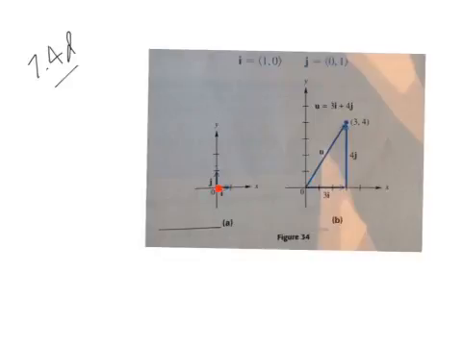Alright, so if we want to go over 3 and up 4, we go over 3 I's, because I is 1, and up 4 J's, because J is always up or down 1. So 4 times J would be 4 times 1, which is up 4. So actually, it's just 3I plus 4J would be over 3, up 4.